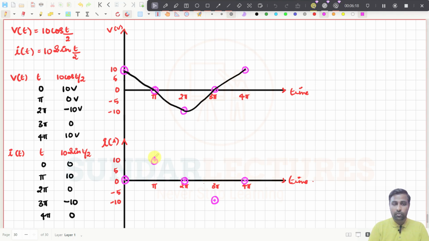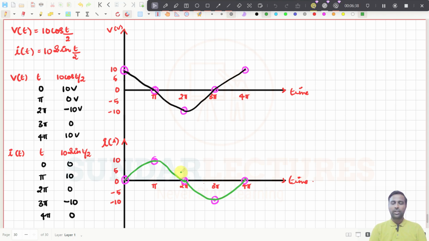That's all. Now if I connect all these points, it will be a sinusoidal waveform, so it will come here. So these two are the current and the voltage graph for LC circuit.